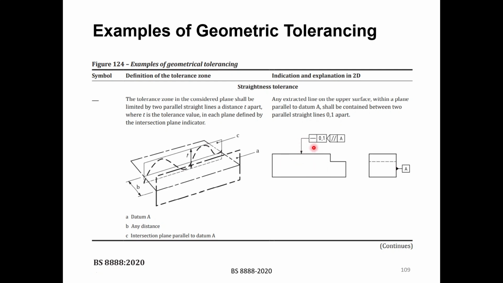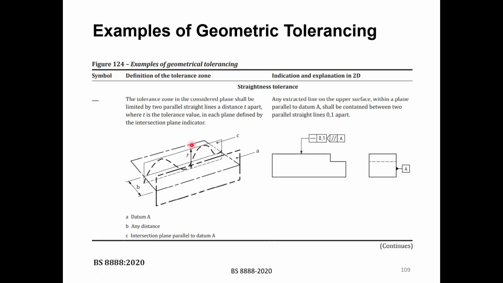And it shows you here that the straightness tolerance of this surface should be within 0.1. And this part attached to that says that it should be parallel to datum A.